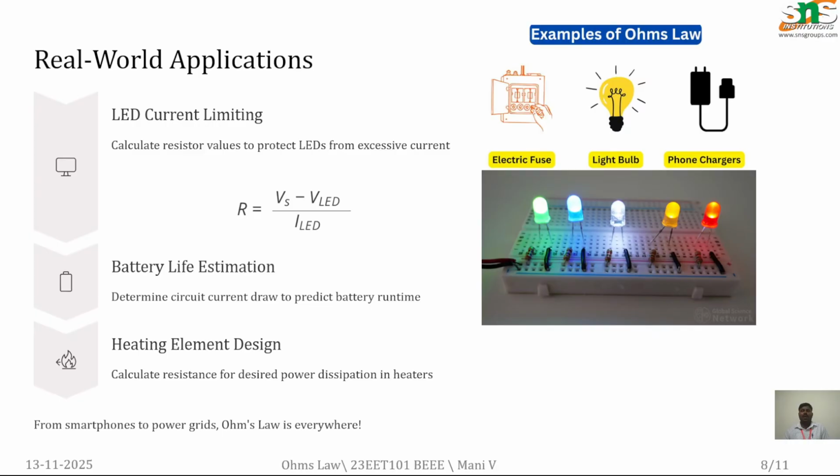In order to limit the current flow to the LED, we have to use a resistor for current limiting. Ohm's law can also be used to predict battery life, and in heating element design. If I want to design a water heater, according to Ohm's law we have to predetermine the resistance value.